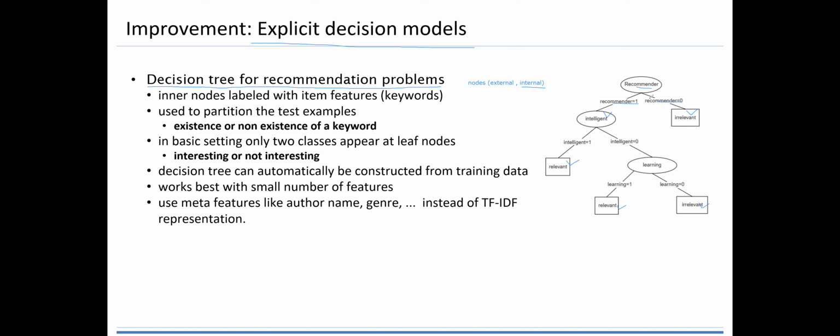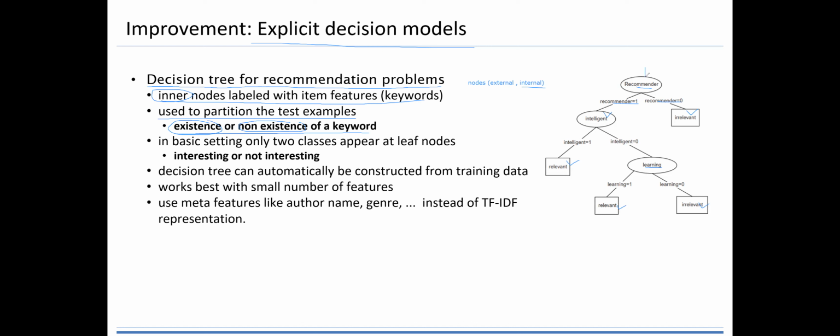the word or the keyword. So inner nodes are labeled with item features or keywords. Sometimes we call them inner or internal. They are used to partition the test examples. So we will check whether the keyword exists or does not exist.